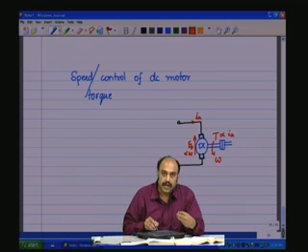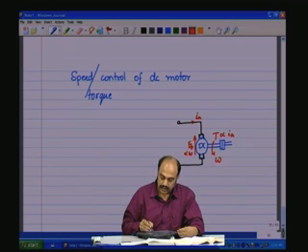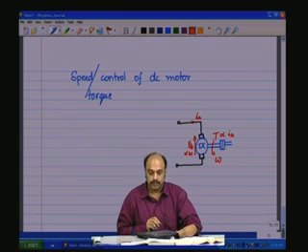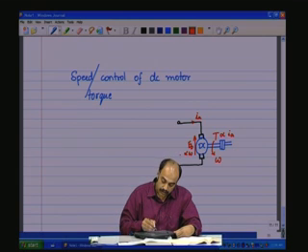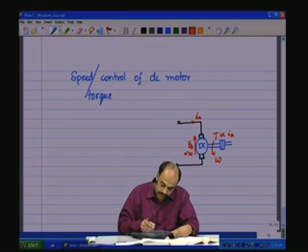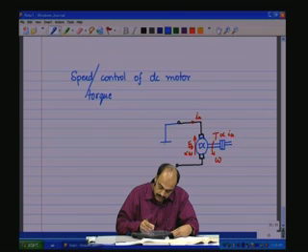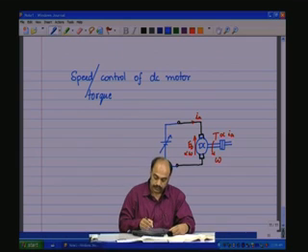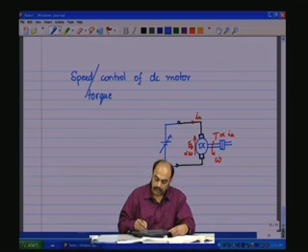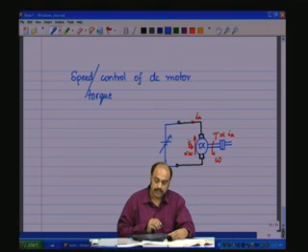So if we control Ia, we can control the torque, and for a given load the speed is going to change depending upon the amount of torque that you are going to produce. And this means that we need to have a variable DC source at the input. So if you vary this source here, Ia is going to vary, which is going to vary the torque, which is going to vary the speed, therefore EB is going to vary.